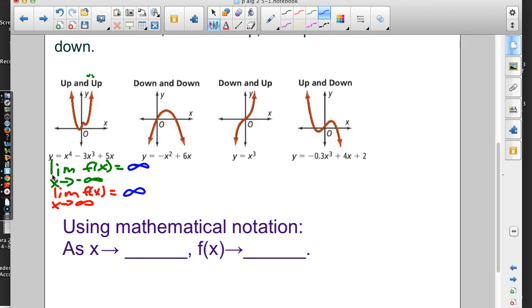Now that's not the same for the next one. They are not the exact same for each one of these. For each graph, you have to say, as I go to the left forever, what's my graph doing? As I go to the right forever, what's my graph going to do?